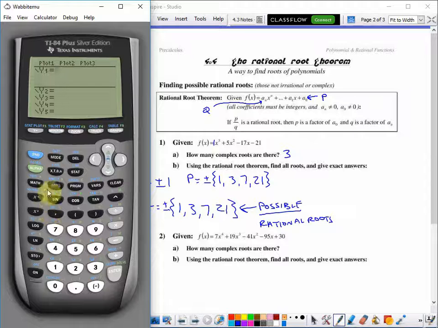So that's x cubed plus 5x squared minus 17x minus 21, and graph it.